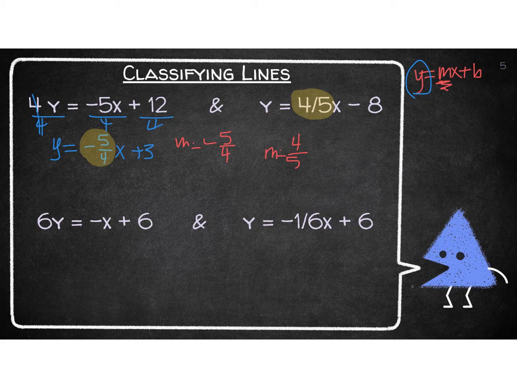Okay, well, if I flip the sign of this first one, make it a positive, and flip the fraction over, then I have 4/5. Positive 4/5 is the same as the other one, so that would mean that these are perpendicular lines.